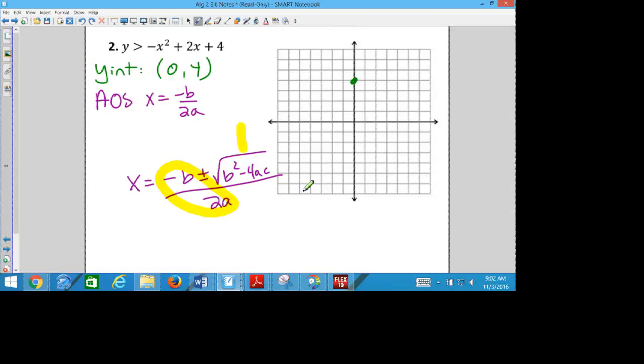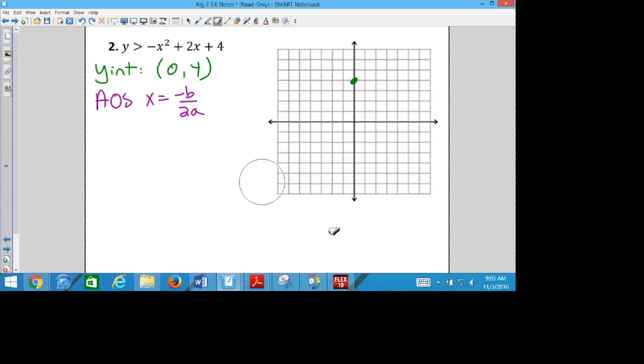Remember this discriminant here helps figure out if we have 2 solutions or 1 solution or no solution. And then this part here is the middle. So you take your middle, your AOS, and then you go out this much and out this much. That's the plus that much and minus that much from the middle. It's giving you the parabola. I don't know. It's pretty cool.